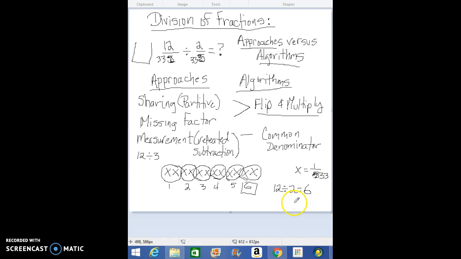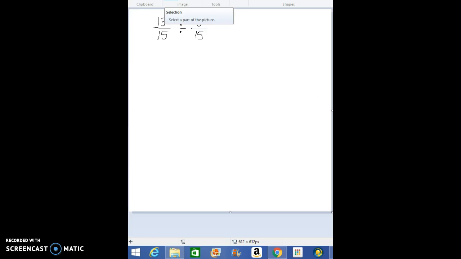All right, I'm going to clear the screen and then we'll do another example. We are going to focus on that measurement approach to division and its connection to the common denominator algorithm. So I'm going to do the same thing.